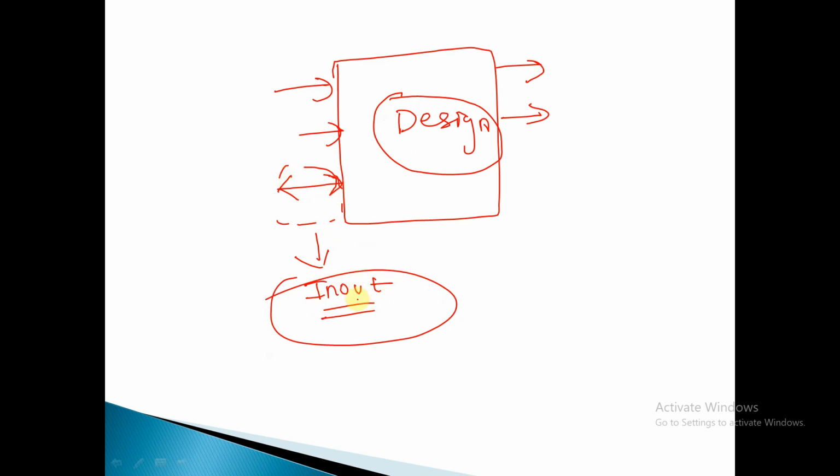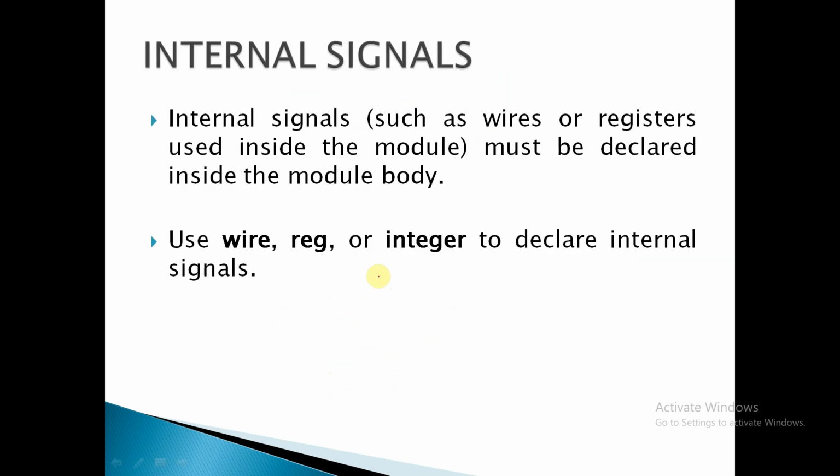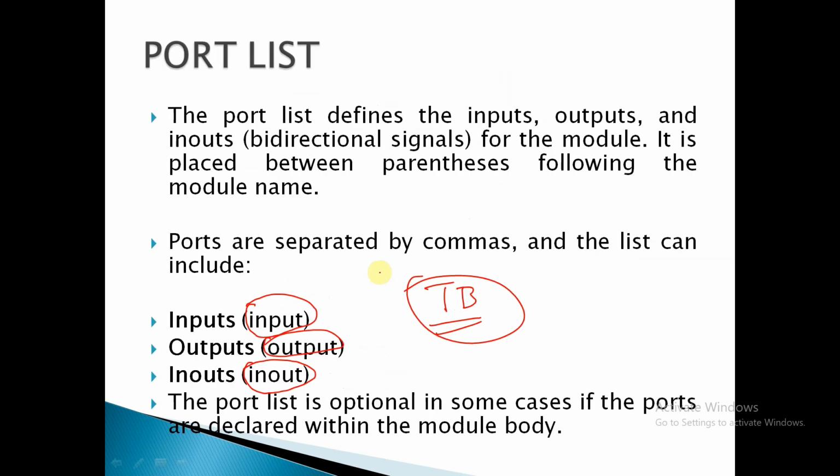Okay, so to model this particular signal or variable, we are going to use the keyword inout. So this is how you are going to create your module, and you are going to create the ports, specifying whether the signal is an input to your design, an output of your design, or inout to your design.